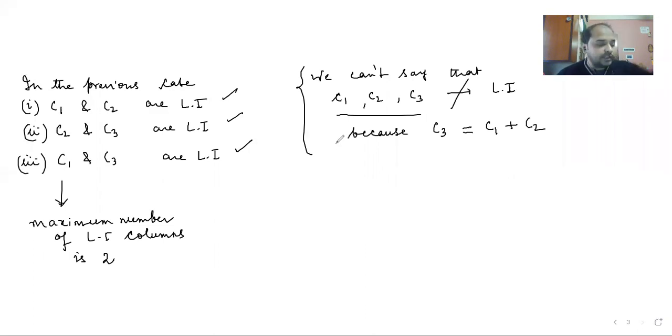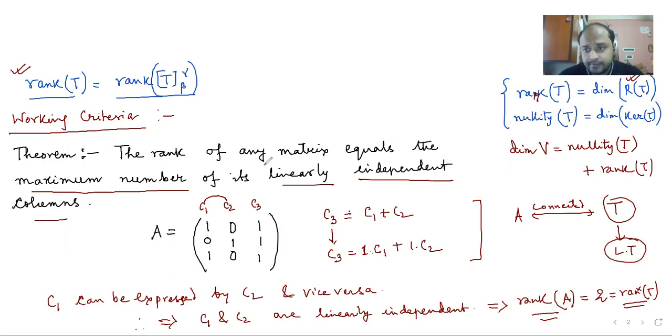Now, it is not always possible for us to analyze the situation so easily, because the matrix may be written in such a way, with so many non-zero values, that immediately by looking at the matrix it will not be possible for you to say, yeah, these are the linearly independent columns and those are the linearly dependent columns.